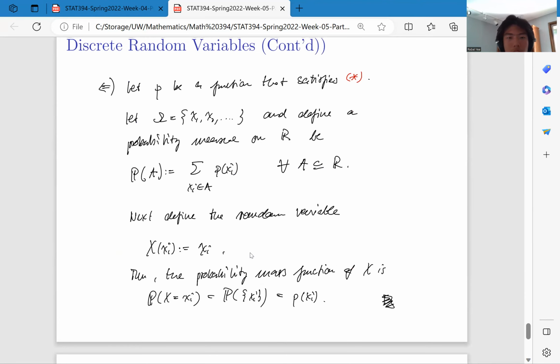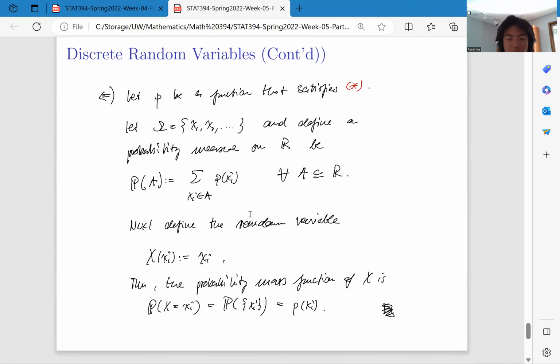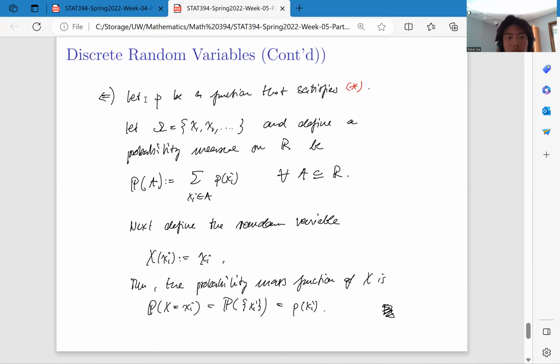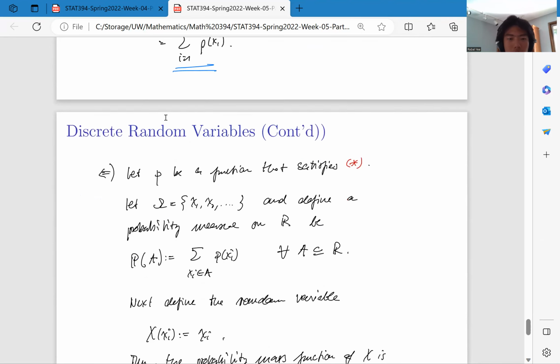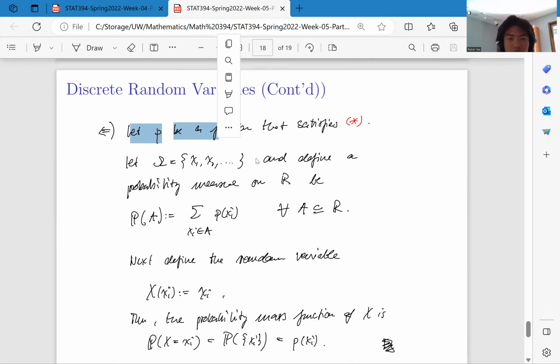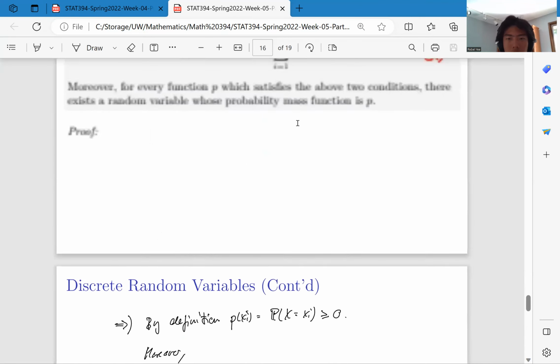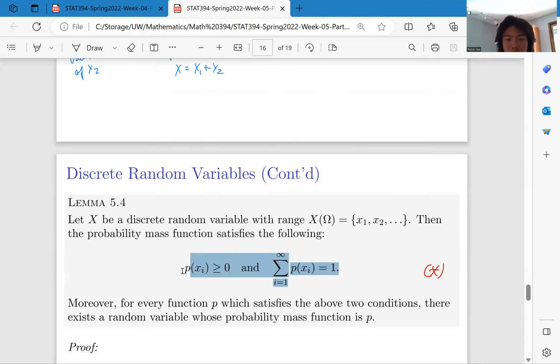And there's one more page, but I would say it's not very useful. It just illustrates how to go back: if P is a function that satisfies this, how do we prove it's a discrete random variable?